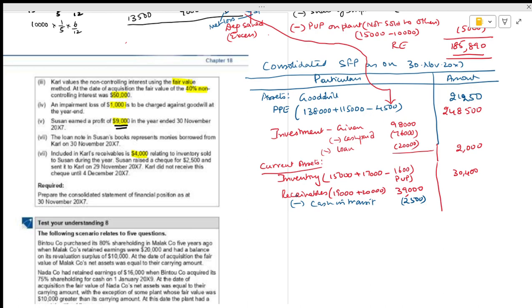Next, intragroup. Here we are deducting from receivables 1,500. From payables also we deduct 1,500. How much will we get? 39 minus 4,000, 35,000.